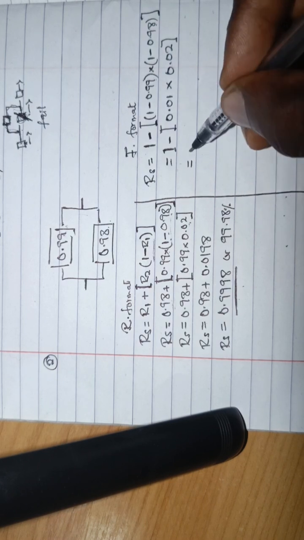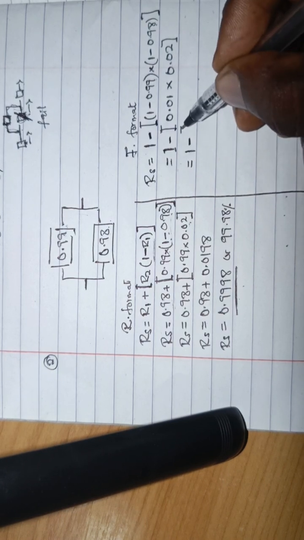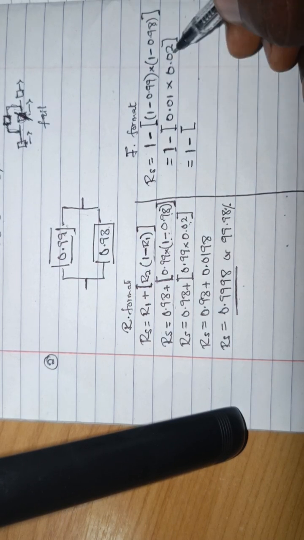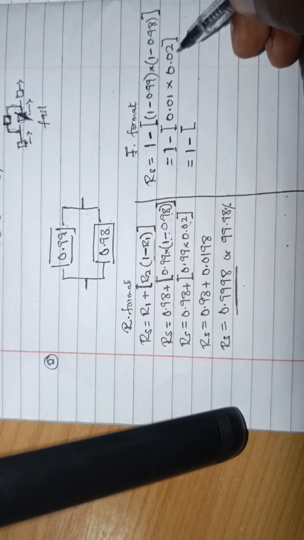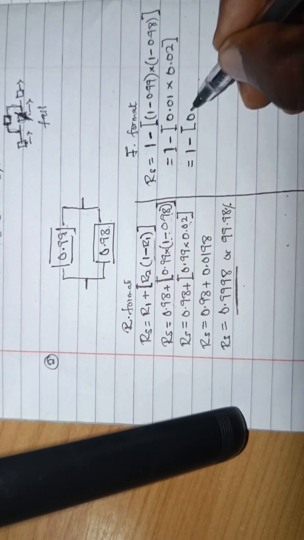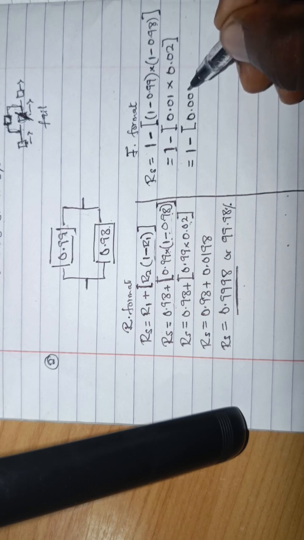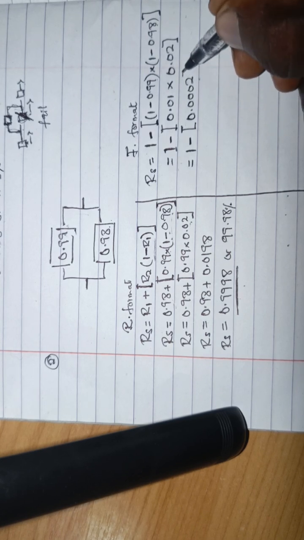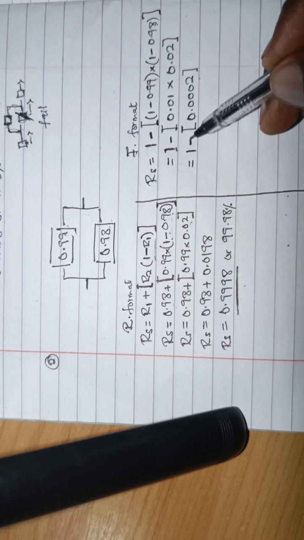Okay. All right, so we continue. So 0.01 times 0.02 will give us what? It's going to give us 0.0002.